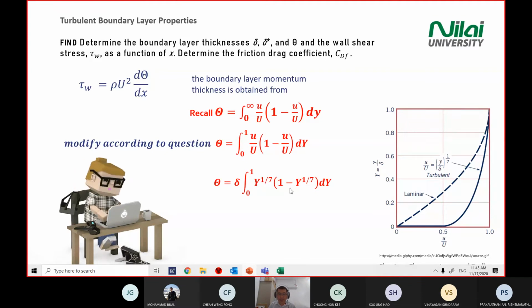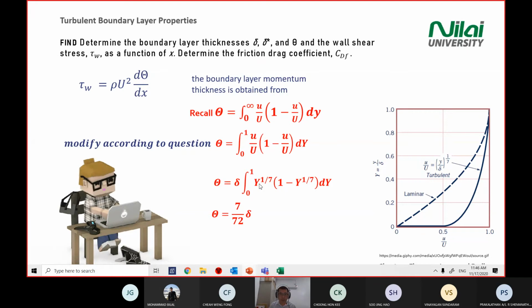Then cancel out all the similar terms, and then pull out the thickness, dy. So from this step to this step, it's just your intelligence in using available data to simplify the mathematics statement.